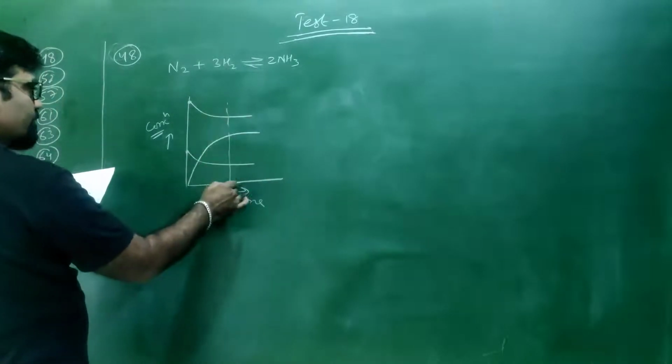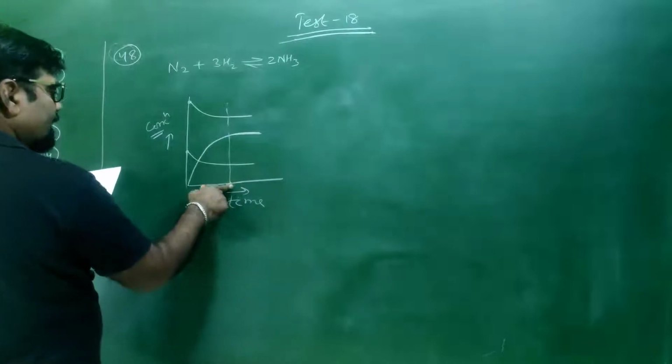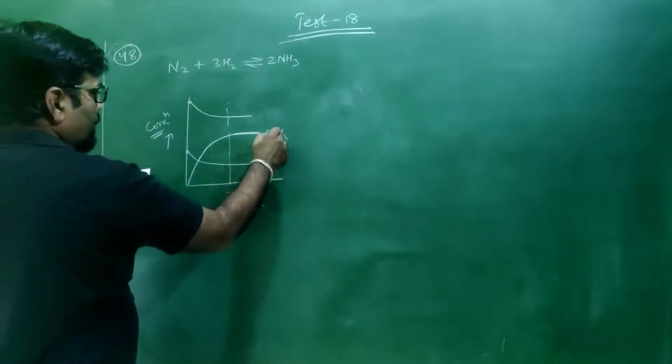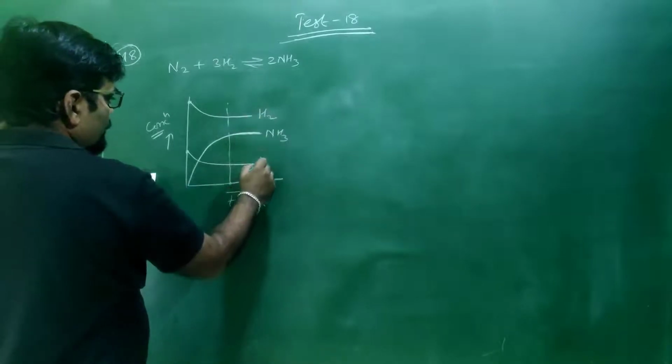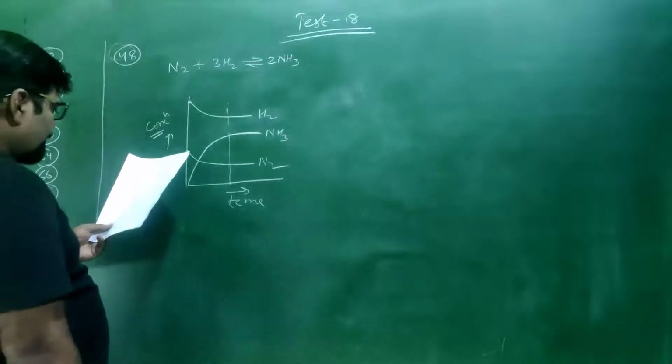So this is the graph, and this is the time of equilibrium we can say. This is for ammonia, this is for hydrogen, this is for nitrogen. See where this type of graph is there.